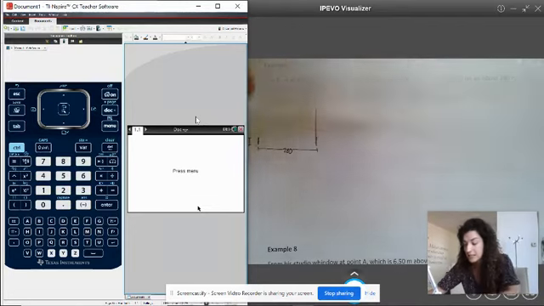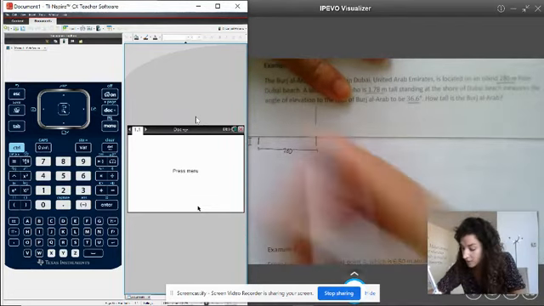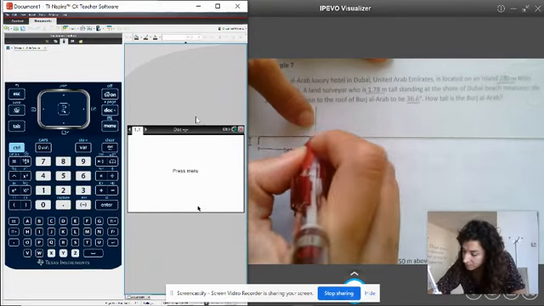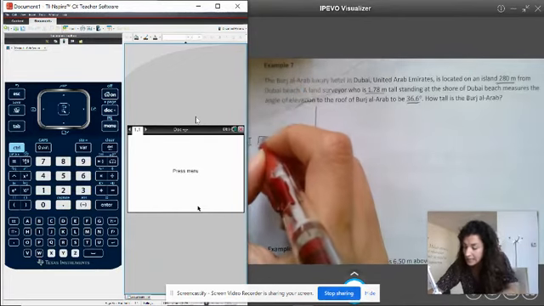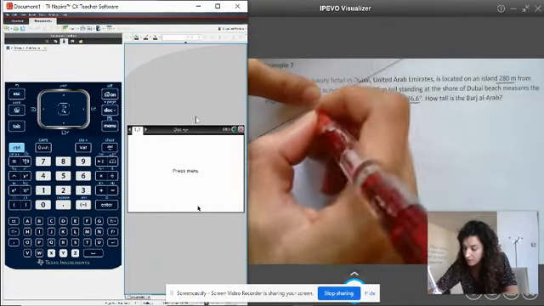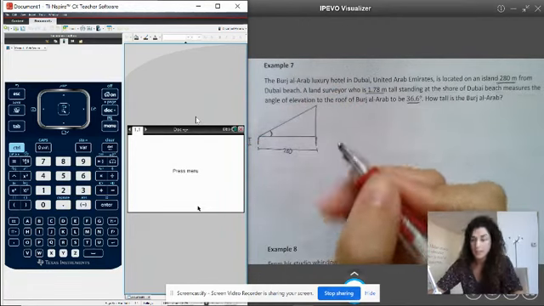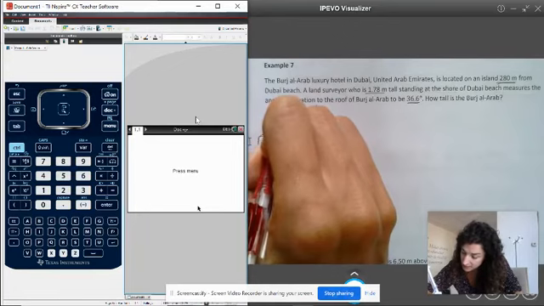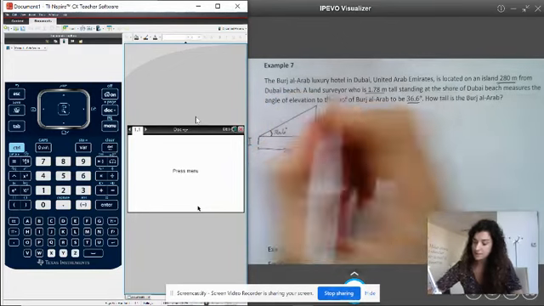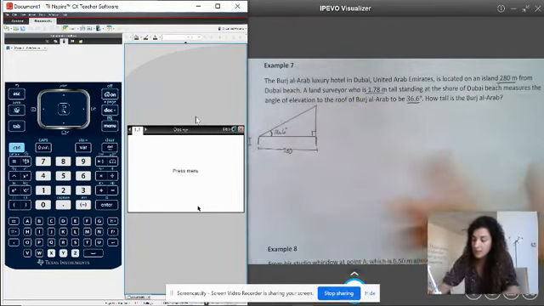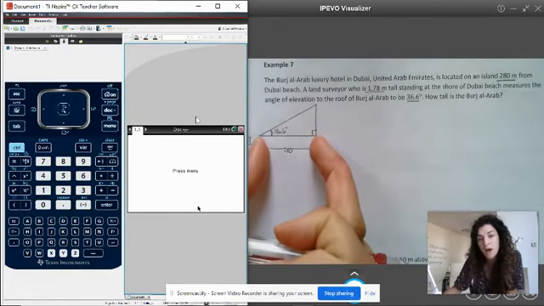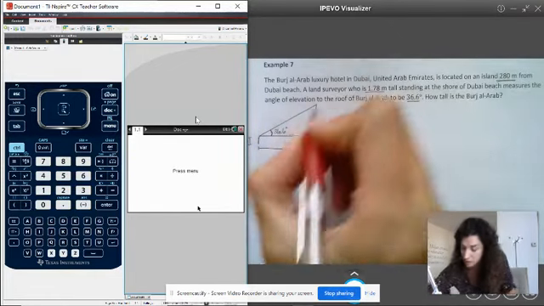I first need to draw in my horizontal line. And then I can draw in my angle of elevation. This guy is 36.6 degrees. I know that this is a right triangle, and I know that this measurement can move up to meet up with my right triangle up here.